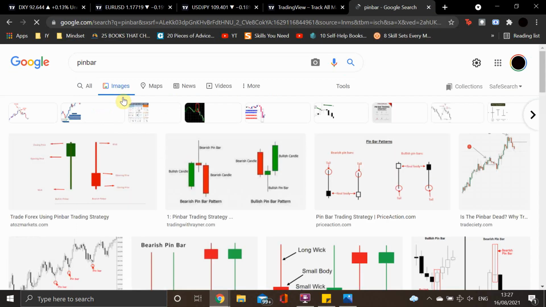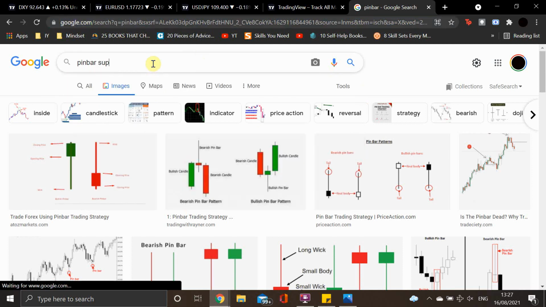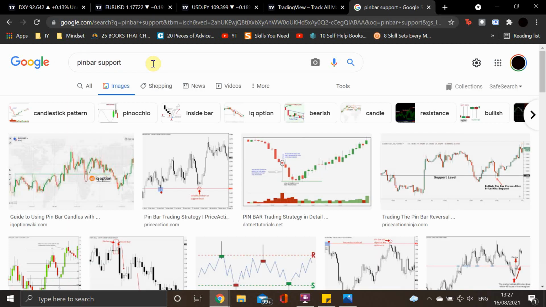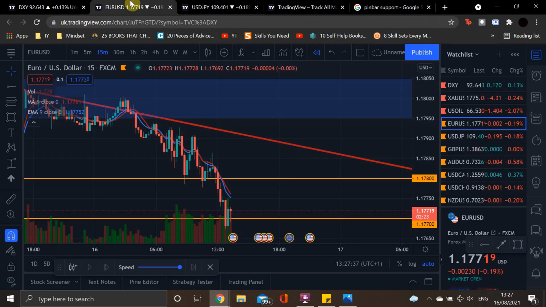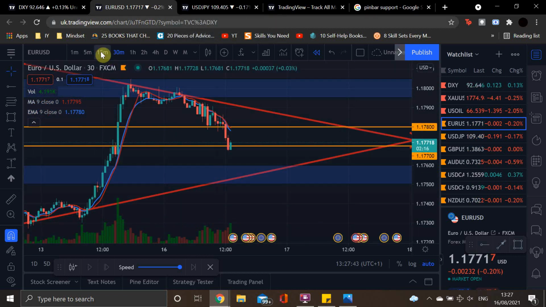What does a pin bar mean? Support. Pin bar at support means that it's going to go up. So we have a pin bar at support, and then we have a dark cloud cover, right?